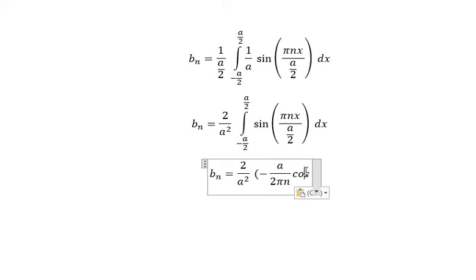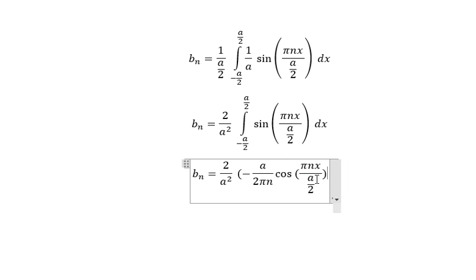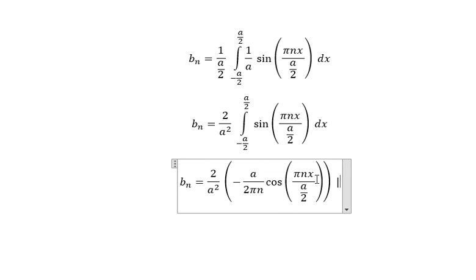And we have cosine of this one. And we put the bounds from negative a over 2 to positive a over 2.